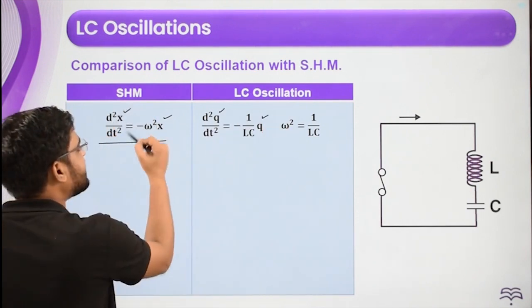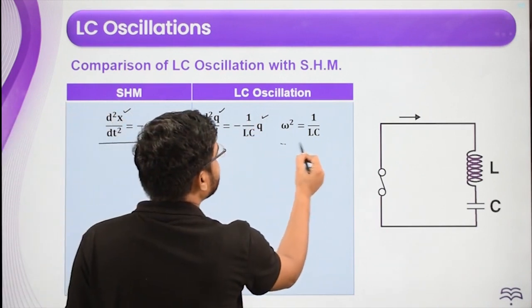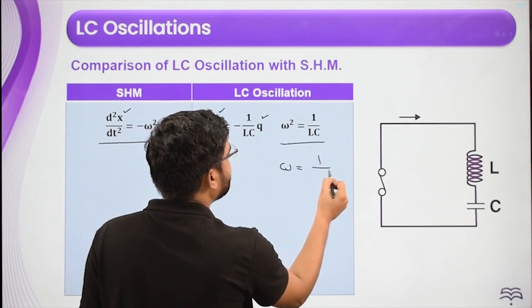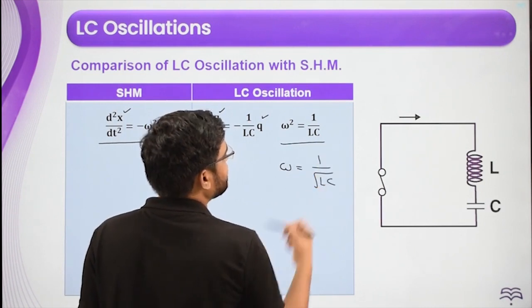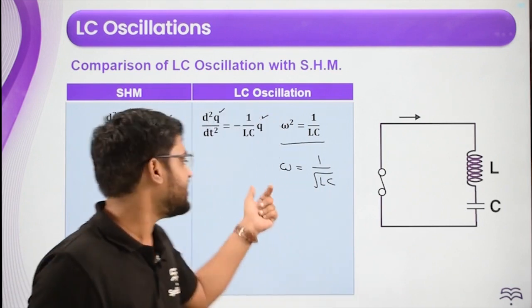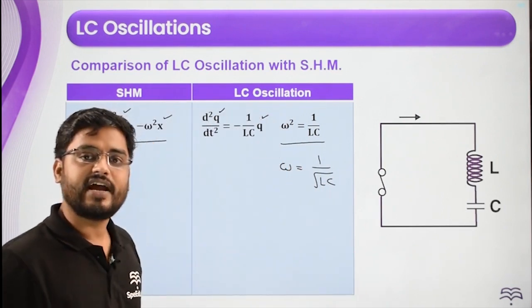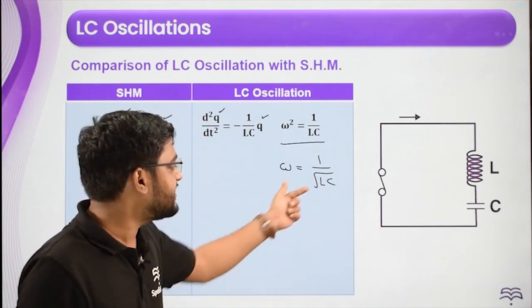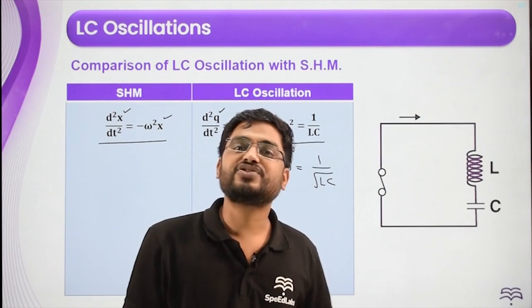And what about this omega square? We can say omega square is nothing but 1 by LC. From that we can say that omega is 1 over root LC. And isn't this a familiar expression? This expression is the resonant frequency, right? In a series LCR circuit, this is the resonant frequency, or natural frequency.